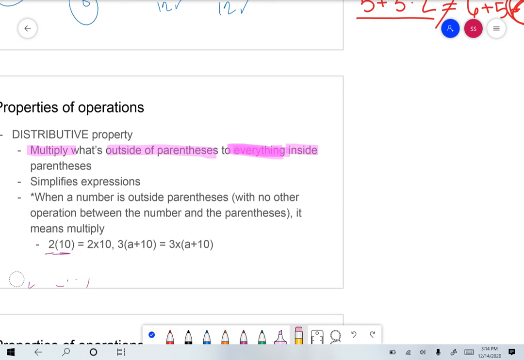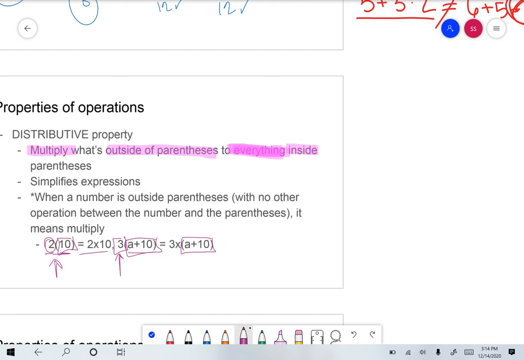Okay, so having the 2 outside this parentheses here means 2 times 10. Or having the 3 outside the parentheses here means 3 times this grouped amount. Okay, so that's a good place to start with distributive property: recognize that you're trying to multiply this 2 by whatever is grouped, or multiply this 3 by whatever is grouped.